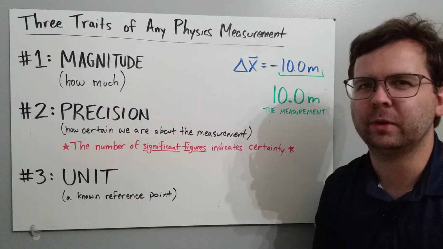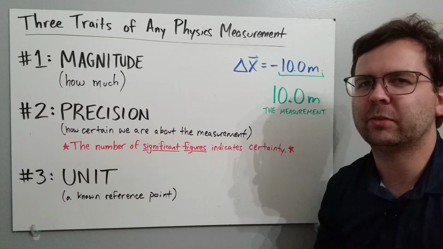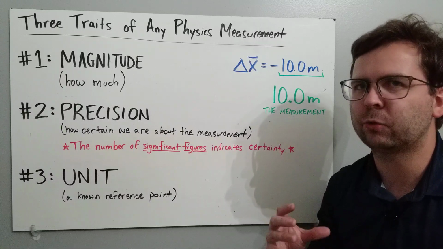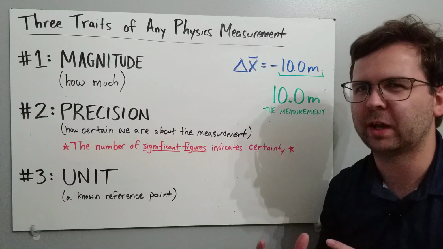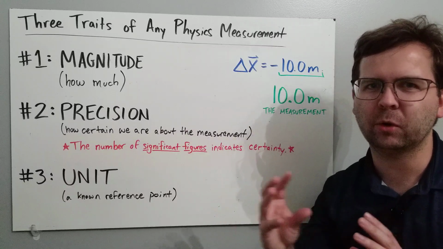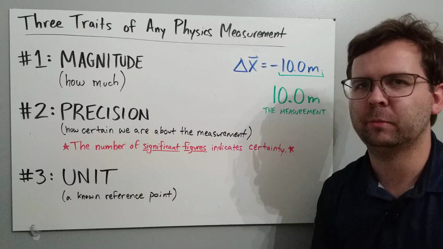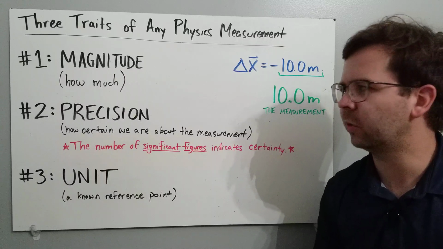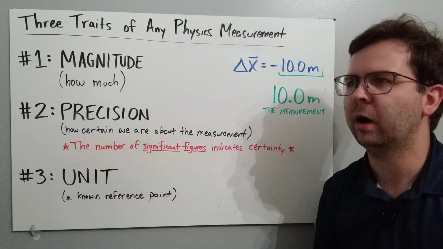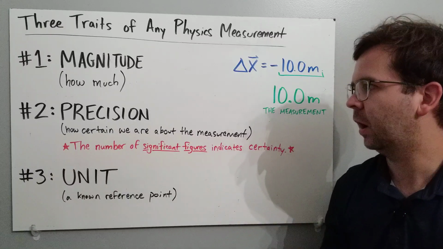The second one is the hidden part that's implied, and it's not spoken out loud. It's just in how you write the number exactly, and where you put the decimal place sometimes matters, and where there are certain zeros in certain places. All of that communicates the precision of the measurement. And the precision really just means how certain we are that that measurement is what we say it is.